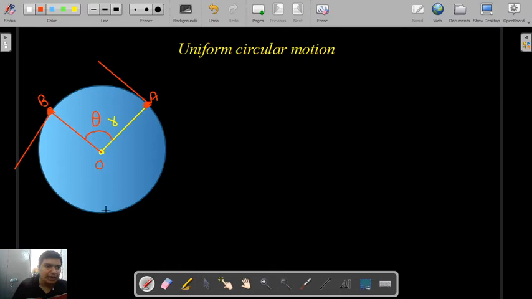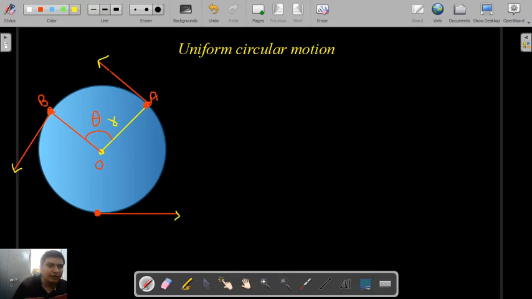And now suppose we take another point here C, where the velocity will be along the tangential line at this point. So these are the directions of velocity.